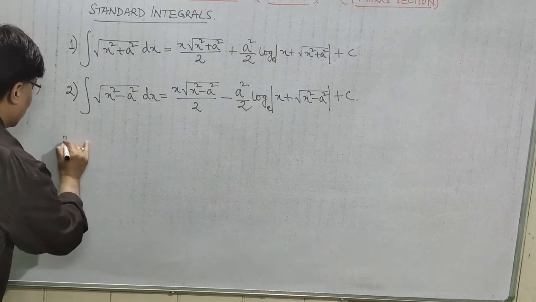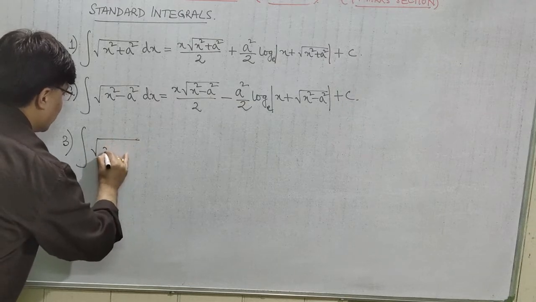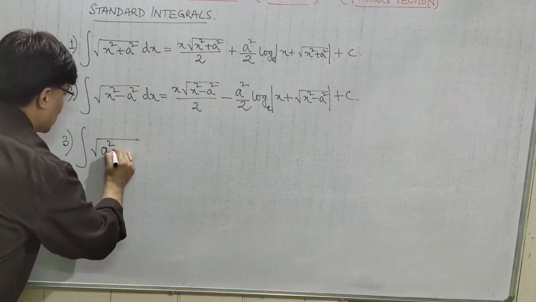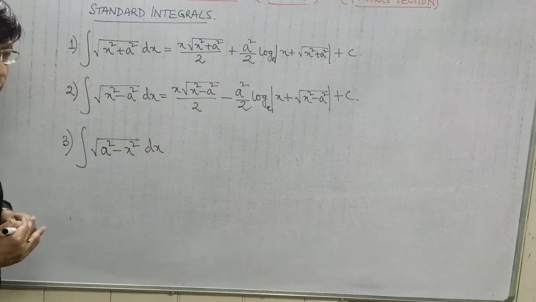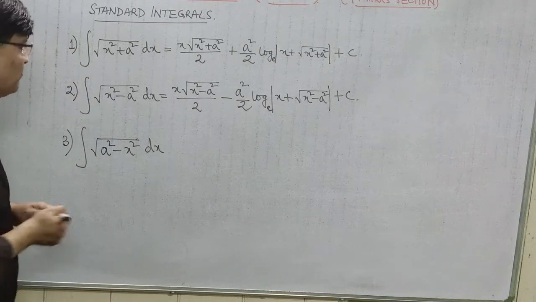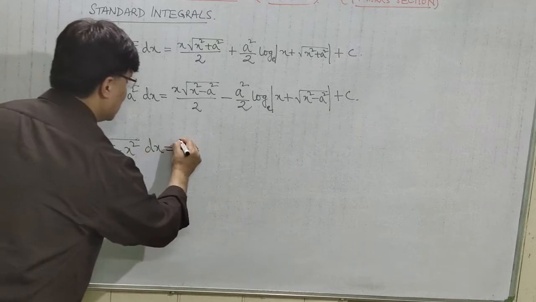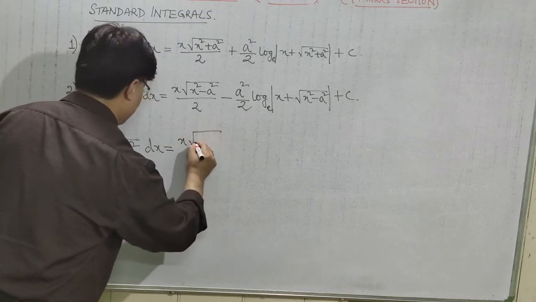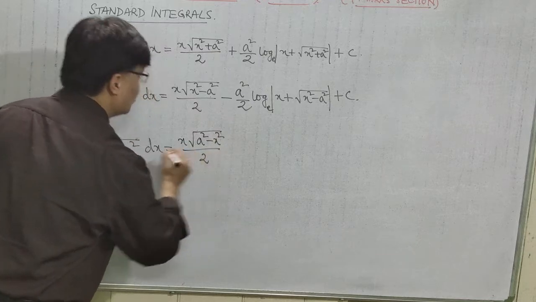And the third one is integral sign root over a square minus x square dx. Now within the square root, this a square is constant and x square is the variable. Its formula is x root over a square minus x square by 2.